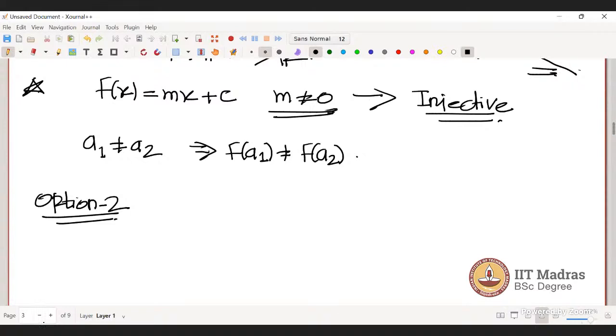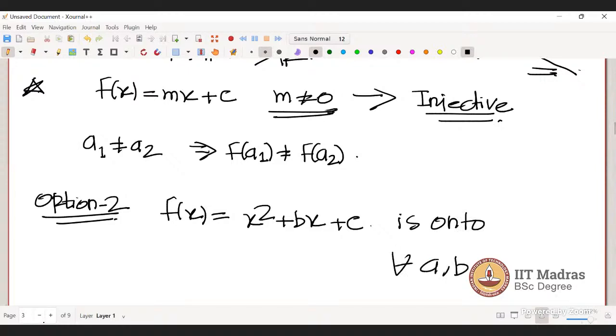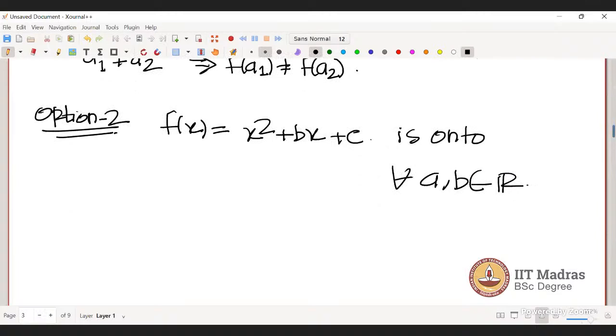It should be true for all b, c in R. It's basically saying it's onto for all a, b in R. They can take any real number. Arbitrary means they can take any value from the set of real numbers.